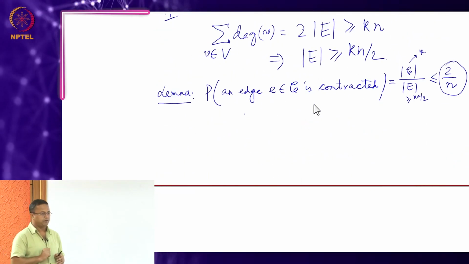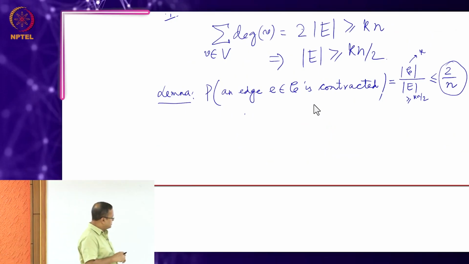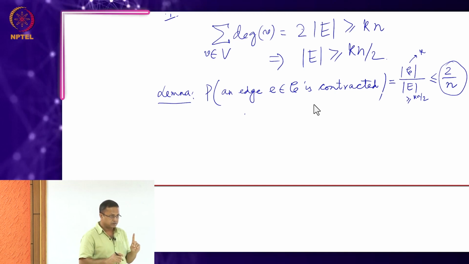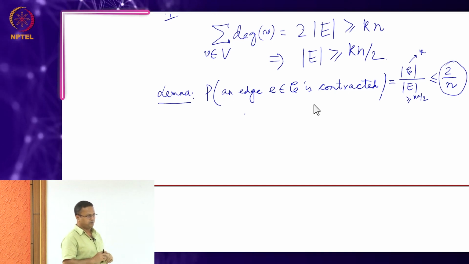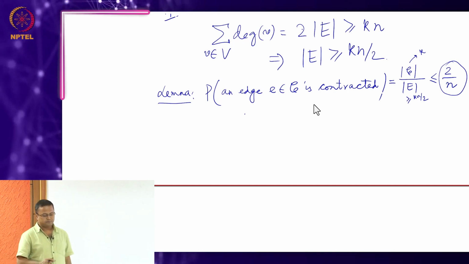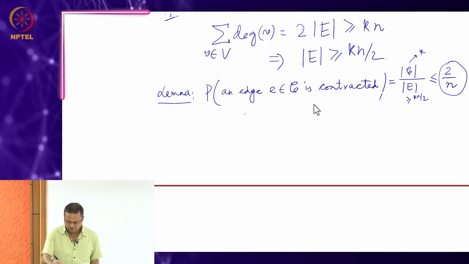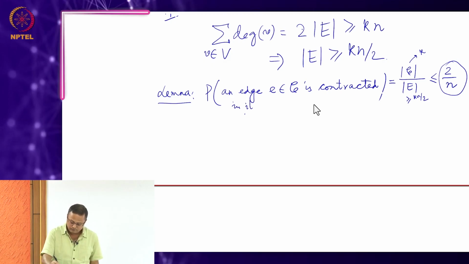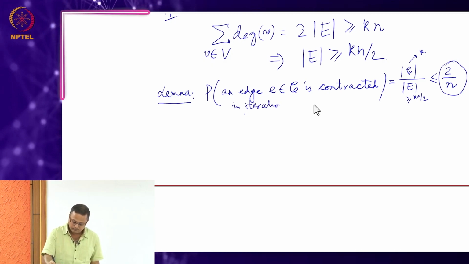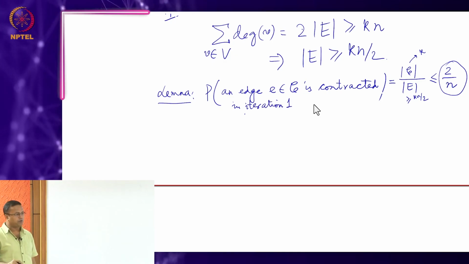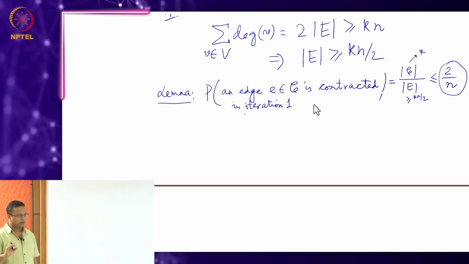What was this probability? An edge in the cut is contracted at the first instance, when I started. So this is upper bounded by 2 by n.